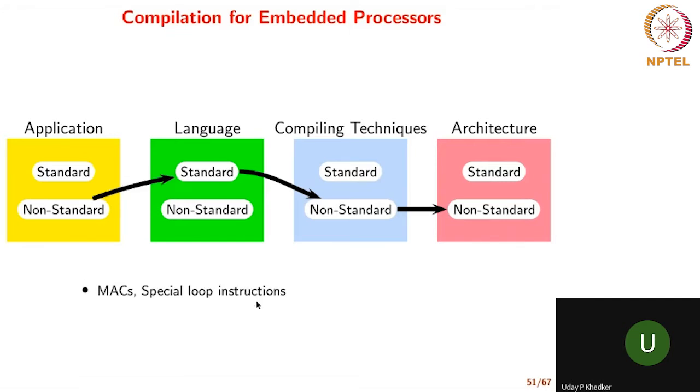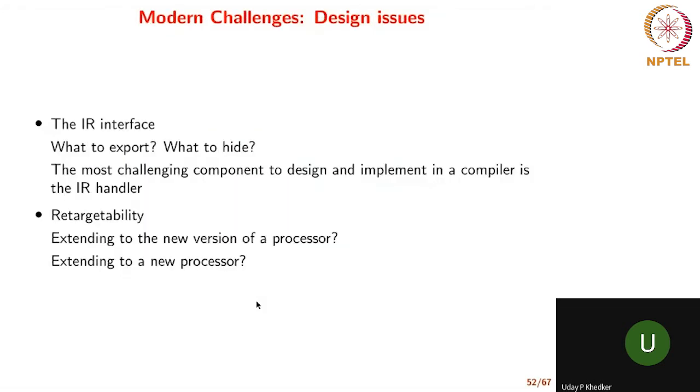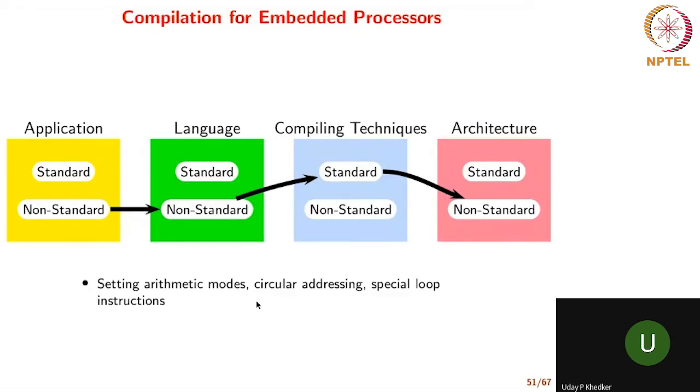Or you might have non-standard applications. For example, multiply and accumulate is very common in embedded processor applications, in DSPs. You might have special kinds of loop instructions. Alternatively, you might use non-standard compiling techniques, setting arithmetic modes, circular addressing, special loop instructions, etc. The exact details are not important.